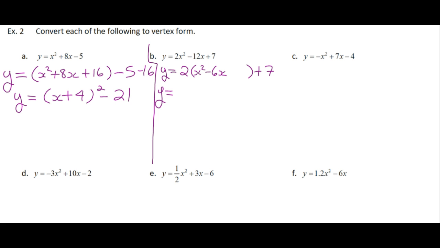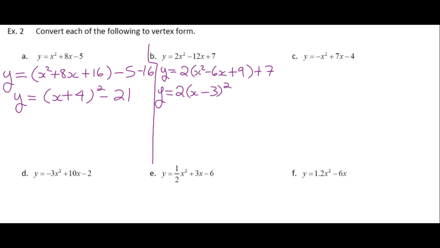So we go down here, y equals 2 times x squared minus 6x. What do I do to make it a perfect square trinomial? I subtract 3, minus 3 squared. Now let's complete this. So it's x squared minus 6x plus 9. So now what?